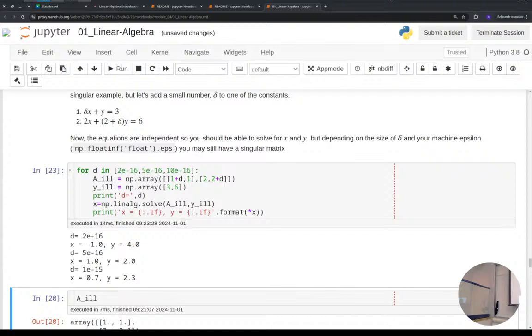We only change things by 5 times 10 to the negative 16, but they're getting bigger. The changes keep making bigger changes there. Because if you didn't have the delta involved in there, it would just be a singular matrix, right? That one would be singular, and it just gives us an error saying, hey, you can't solve this. It's the same equation.